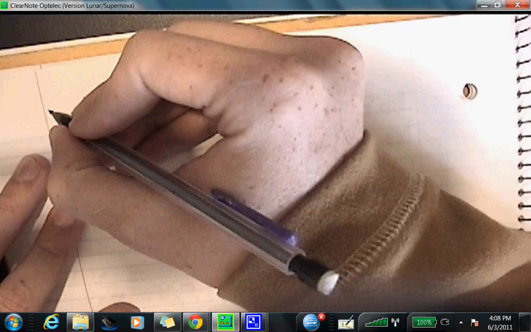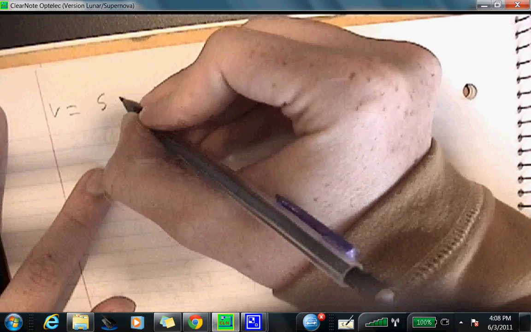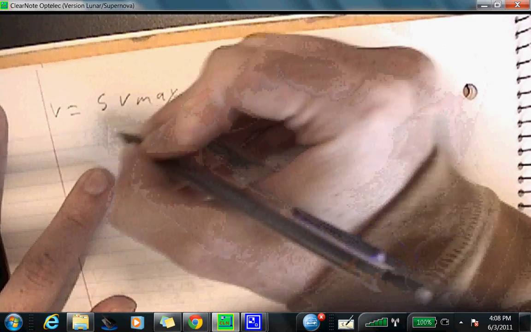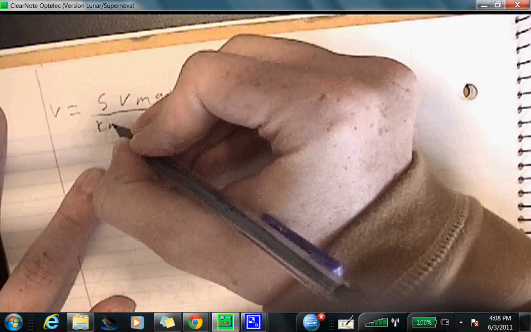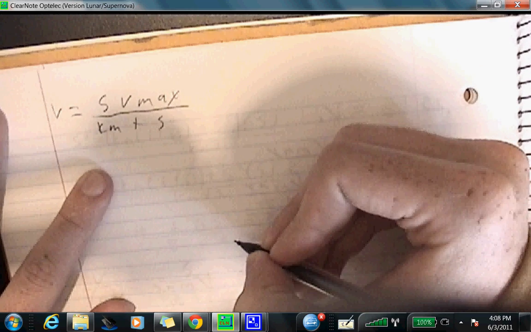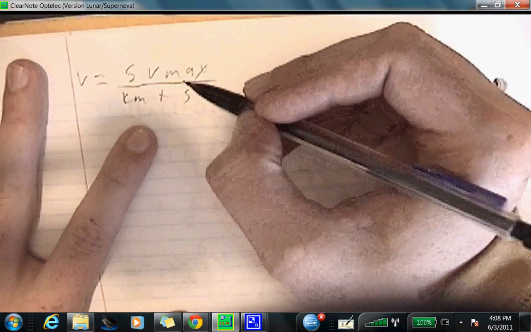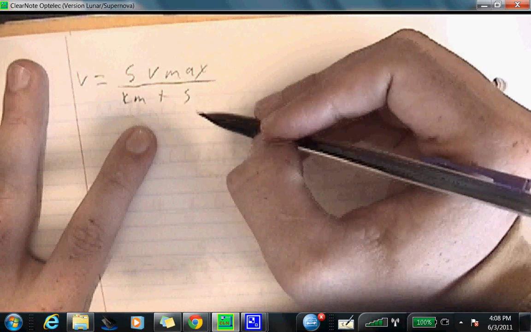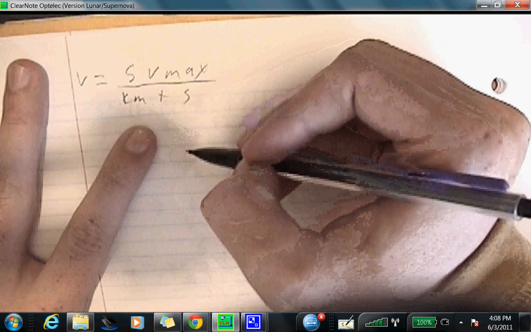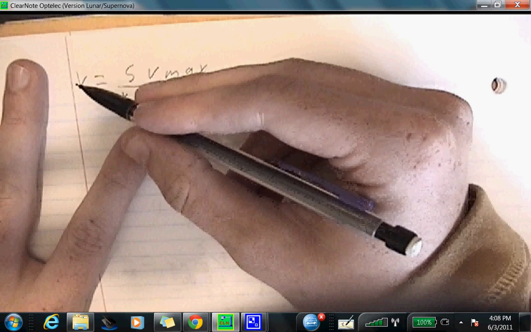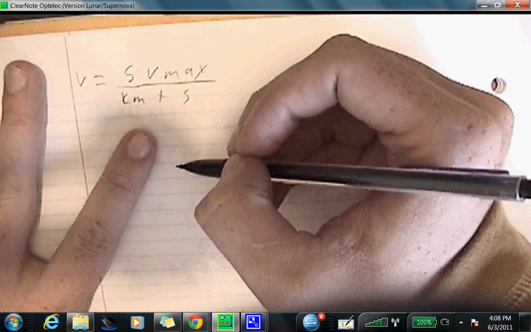It's going to be V equals S times Vmax divided by Km plus S. What they're asking for is your velocity. They don't give you your Vmax, but they do give you your substrate, Km, and the initial velocity for the very last one.